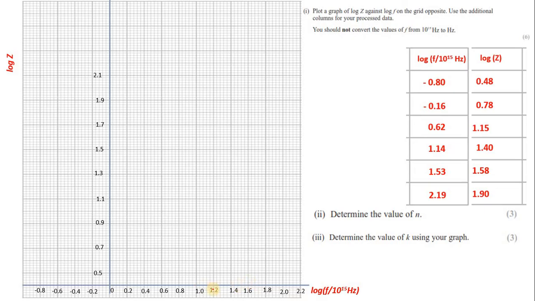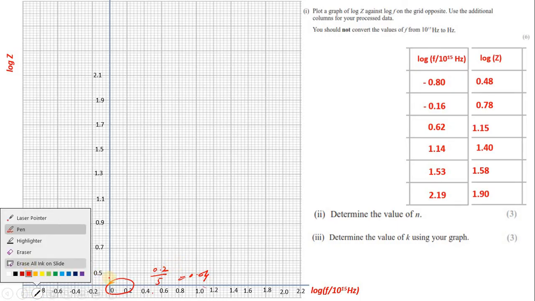So one small box on the x-axis is equal to 0.04, because 0.2 divided by 5 is 0.04, and one small box on the y-axis is 0.02. Okay, so that's how you select your numbers.